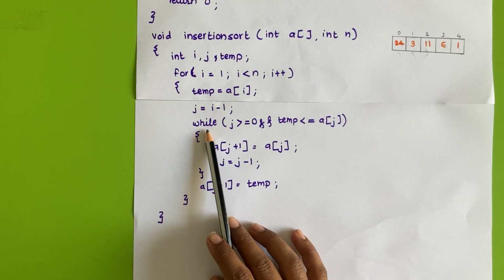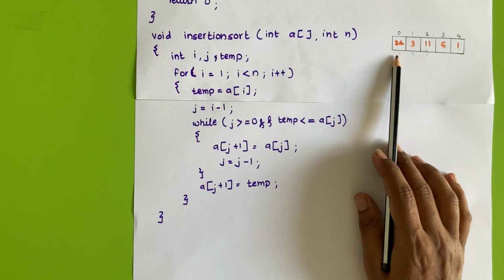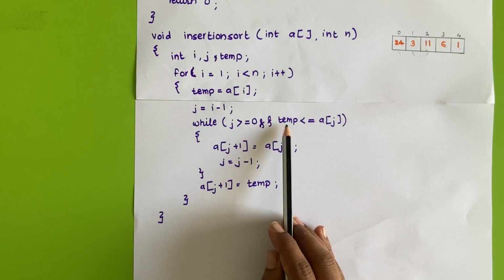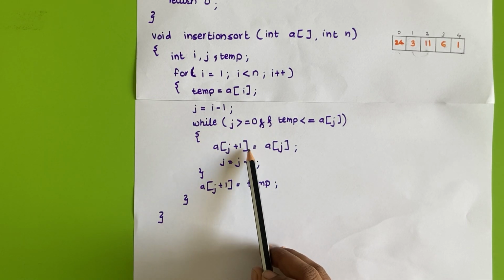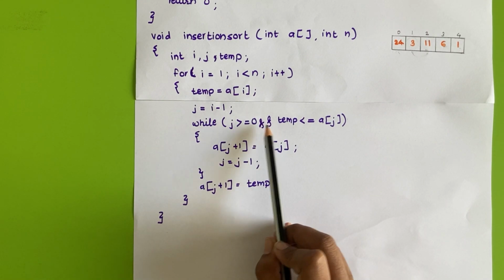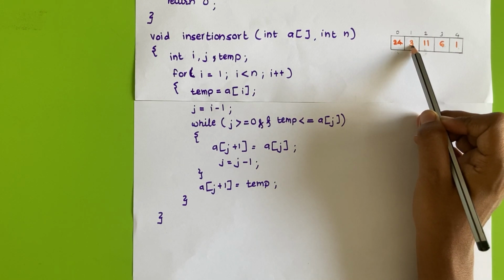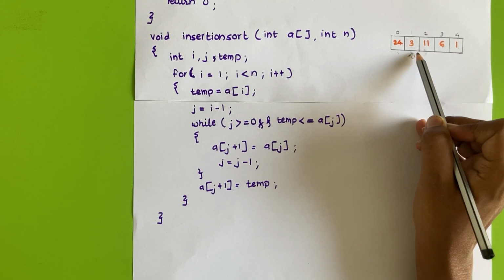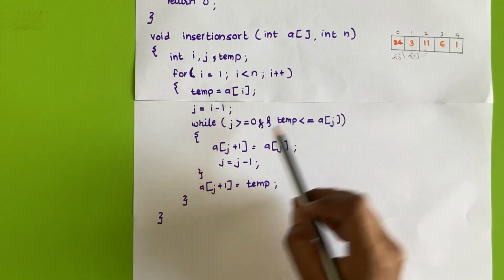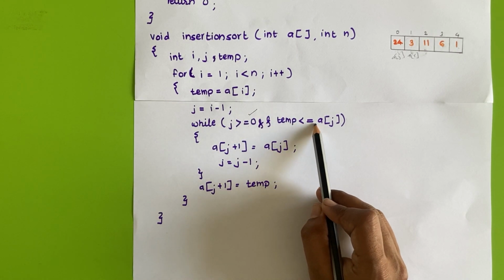So while this condition is satisfied, because these two conditions need to be satisfied to make this swapping, as we have added the AND operator. In the first situation, this is our a of i and this is our a of j. So j is greater than or equal to 0, yes, the condition is satisfied, and temp is less than a of j.